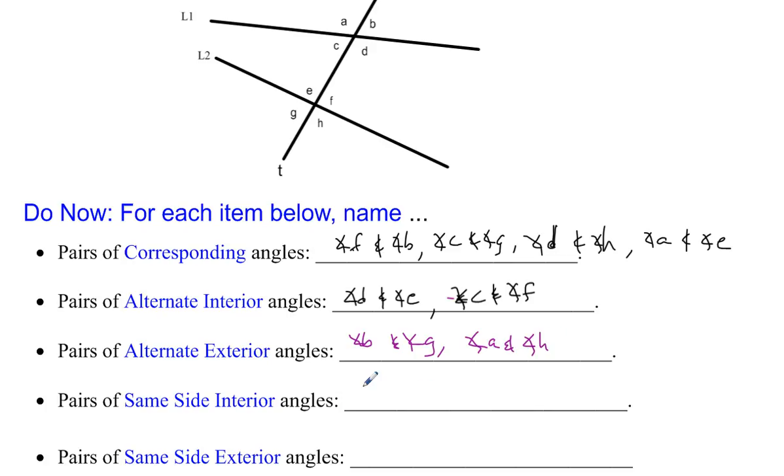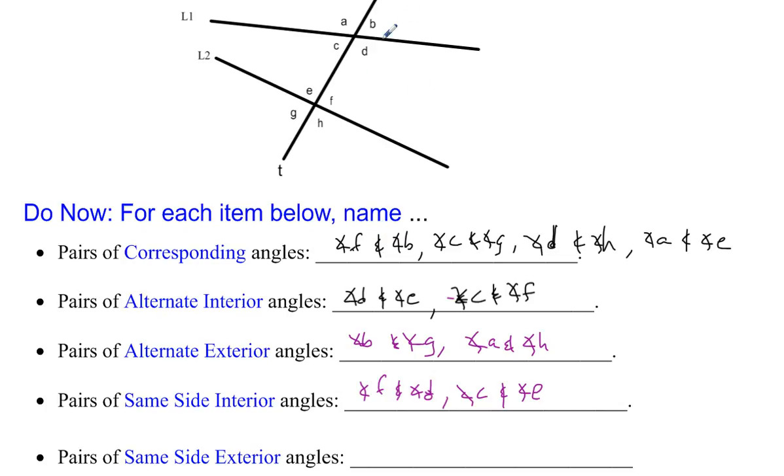Same side interior angles. Same side of the transversal on the inside or interior of lines L1 and L2. How about angle F and D? And another pair of same side interior angles, angles C and E. Finally, a pair of same side exterior angles.